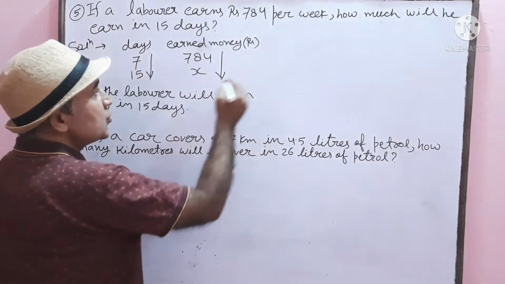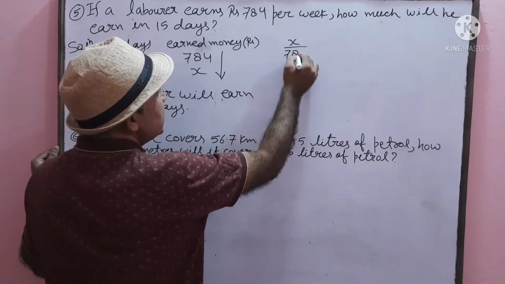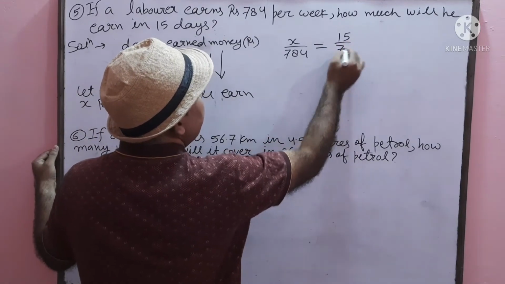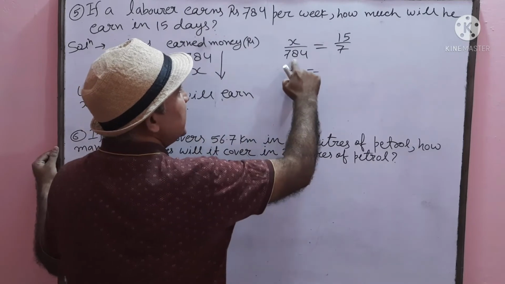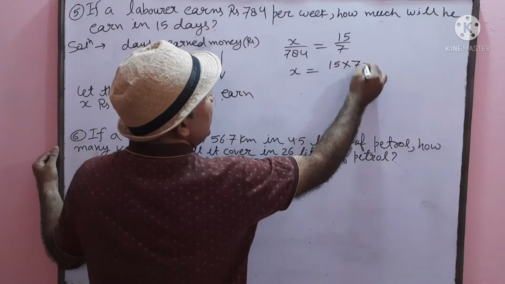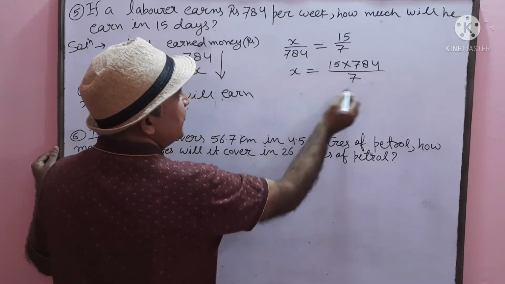Okay. And how to solve it? You have learned it. X upon 784 is equal to 15 upon 7. That means X is equal to 784 multiplied with 15. So 15 into 784 upon 7.